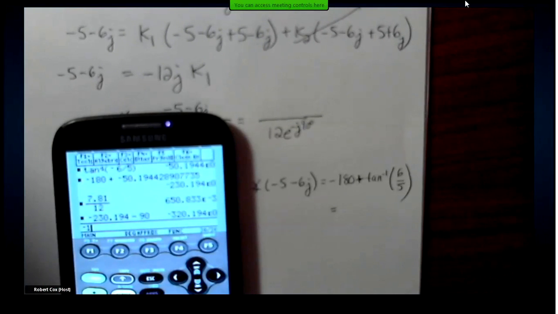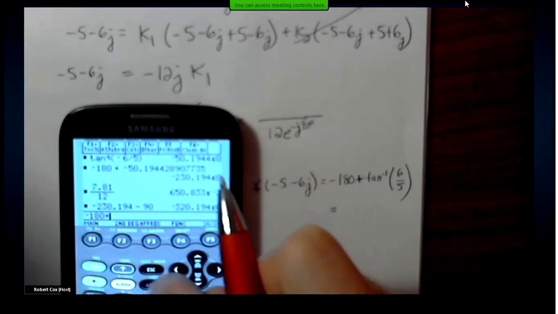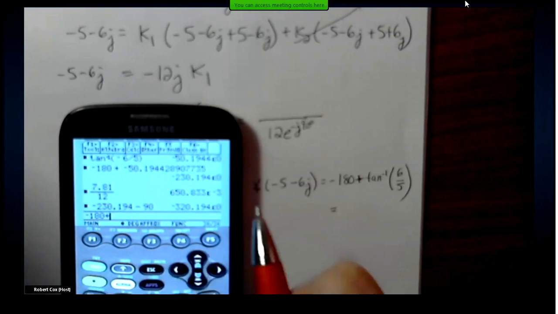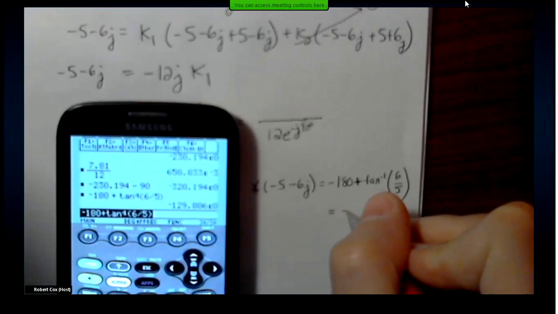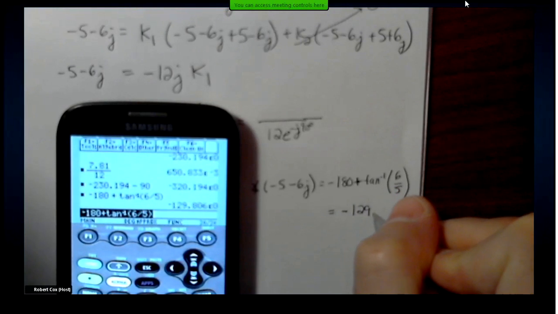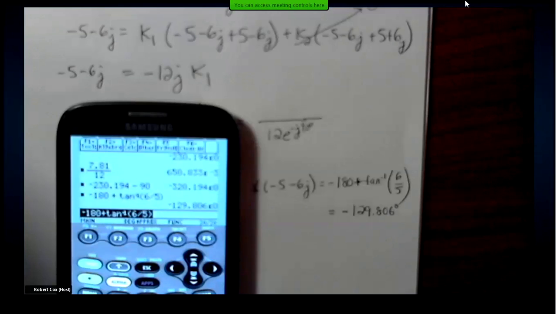So minus 150 minus 180 plus the arctan of 6/5. All right, so this guy becomes minus 129.806 degrees.